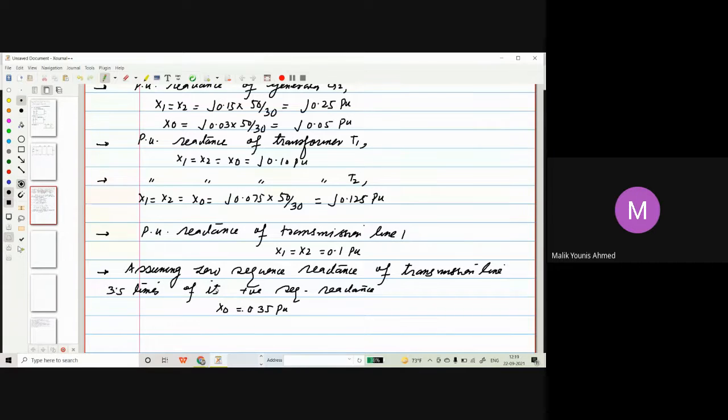This ratio is considered toward the higher side for double circuit lines, where there are some ground wires and some specifications. So this value is considered a bit higher. The main reason for taking it so much, 3.5 times, on the higher side is the difference in the magnetic fields.